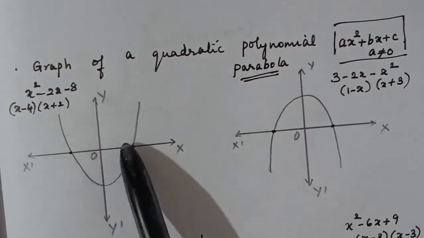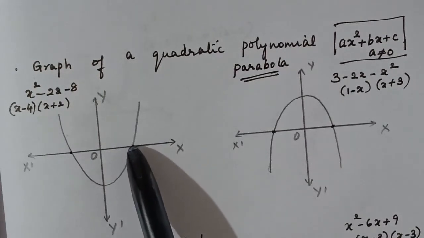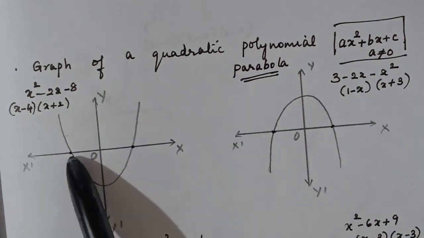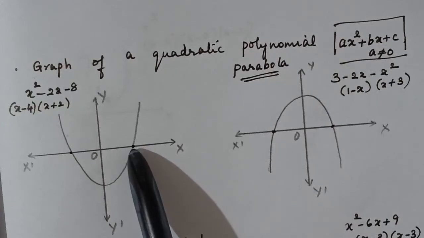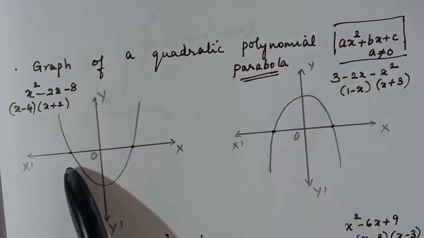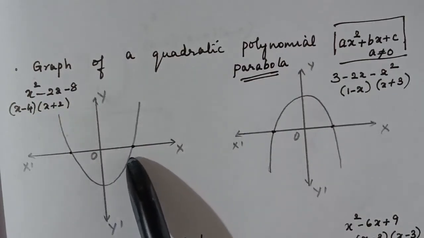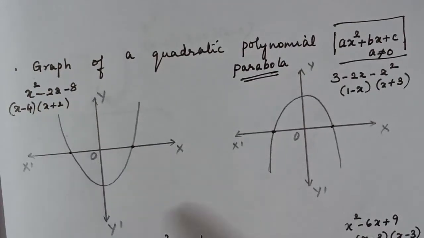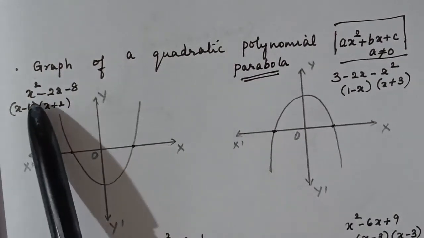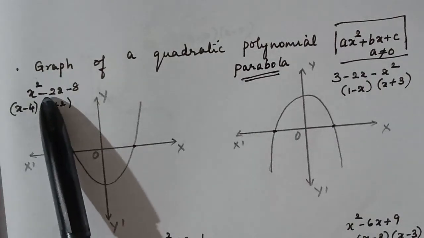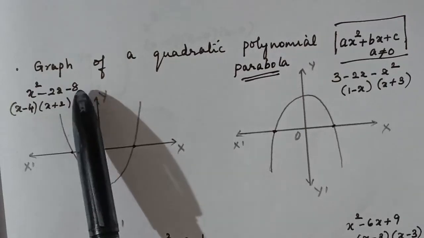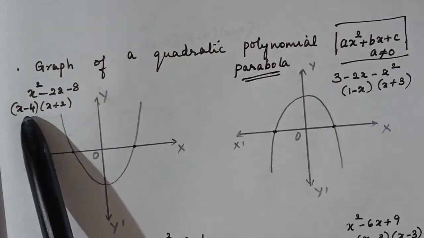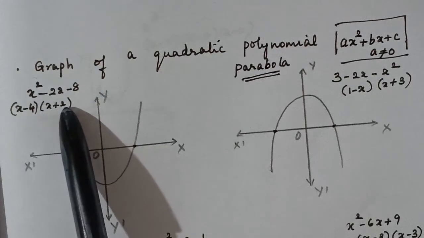And since it touches the x-axis at 2 points, don't bother about the y-axis, check only the x-axis. Since it touches the x-axis at 2 points, this shows it has got two distinct real zeros. Now here we can see a polynomial x squared minus 2x minus 8. After factorization, we can write it as x minus 4 into x plus 2.